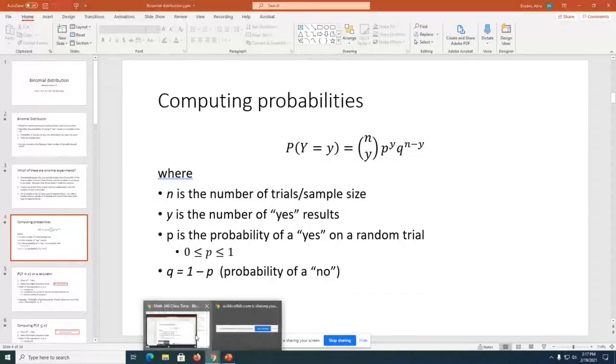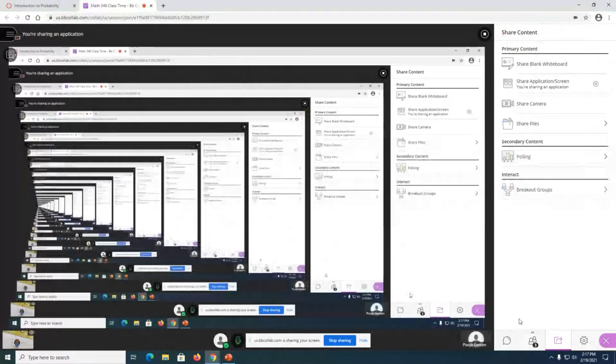Yes. So how is n choose y in that situation equal to 3? Yeah.